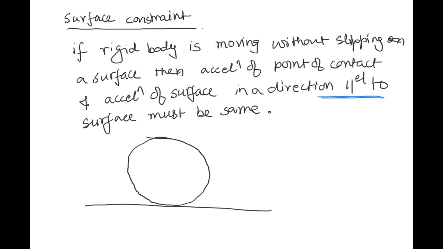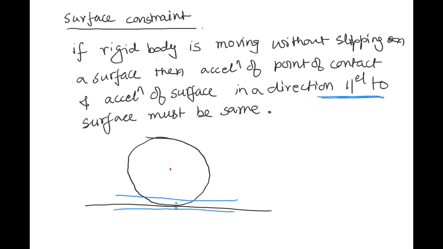So what we are trying to say here is that, look, if this cylinder, sphere, ring, whatever it is, is moving on this horizontal surface without slipping, then the velocity of this point, which is the point on the rigid body in contact with the surface, and the velocity or acceleration of this point, which is the point of the surface in contact with the rigid body, must have the same velocity and the same acceleration in this direction.